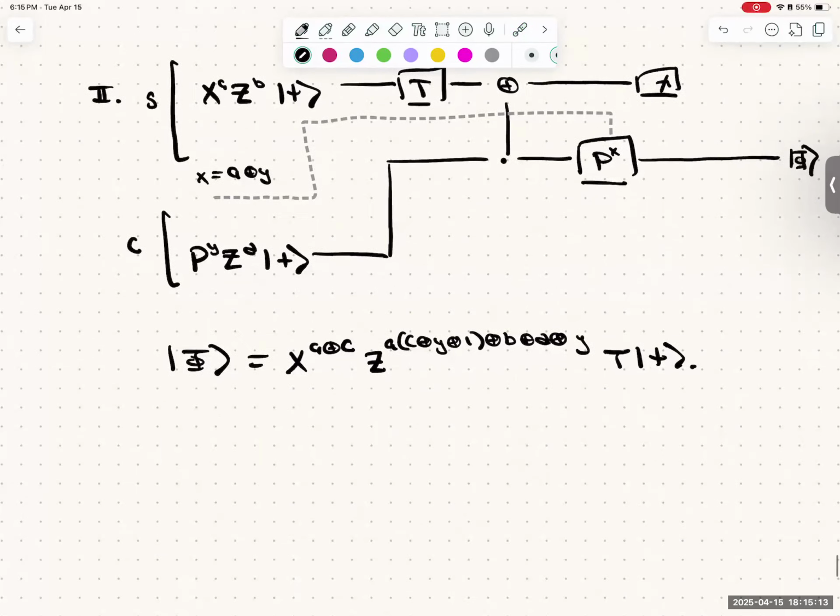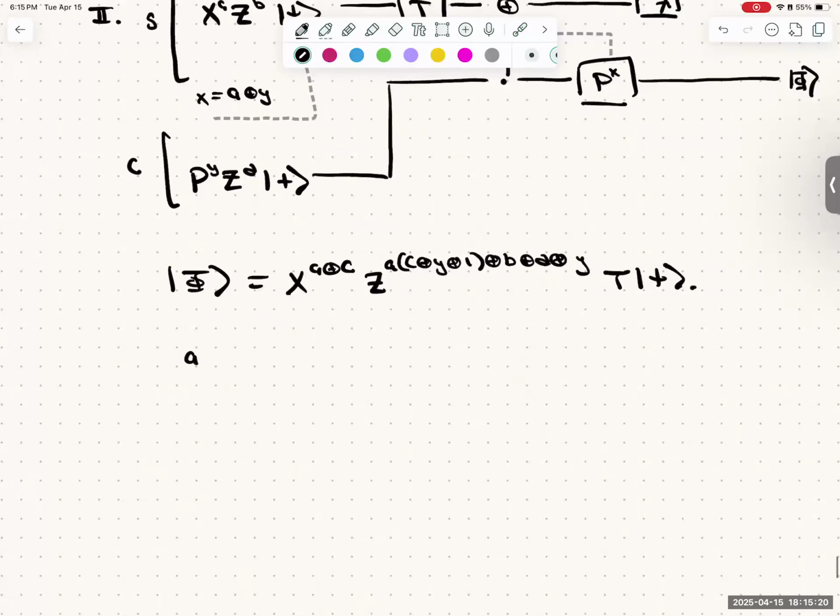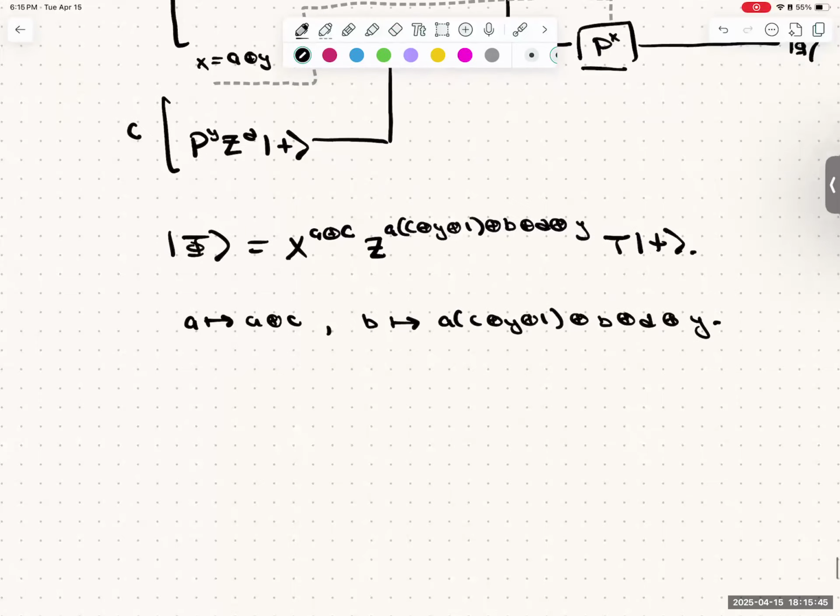I don't know that it will be too useful for me to trace through how to pick up these signs, but the point is that you basically update the encryption key: a goes to a plus c, and b goes to this complicated expression. Yeah, I think you'll just have to trust me on this part.